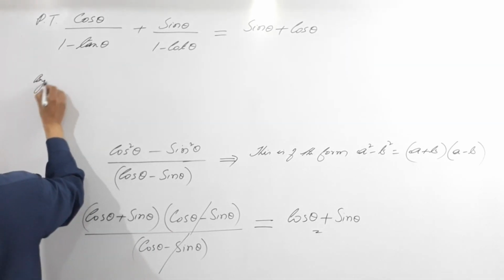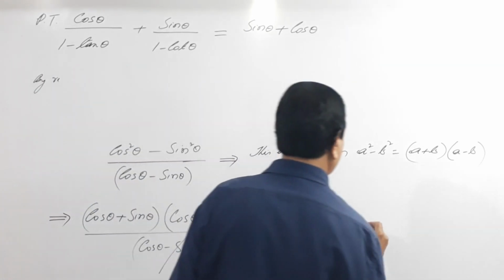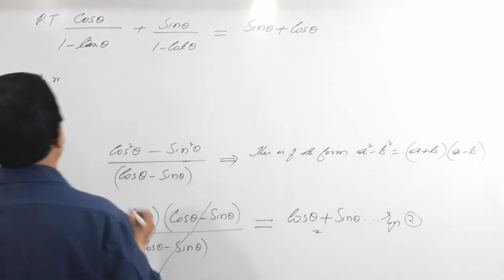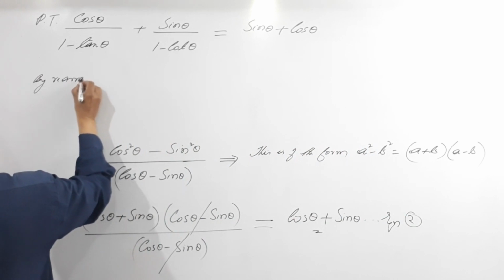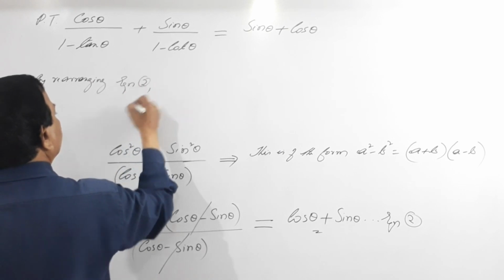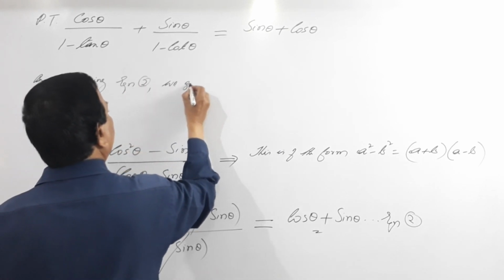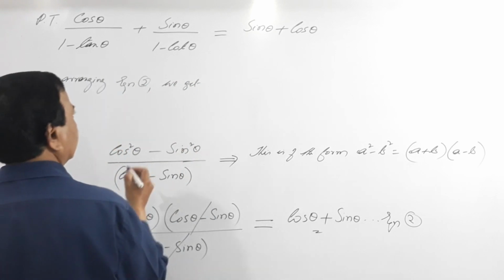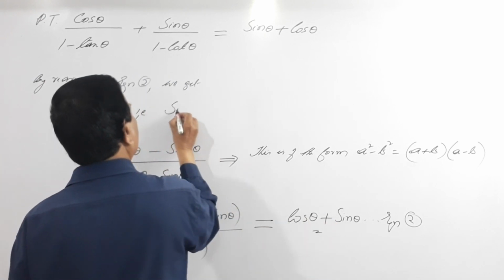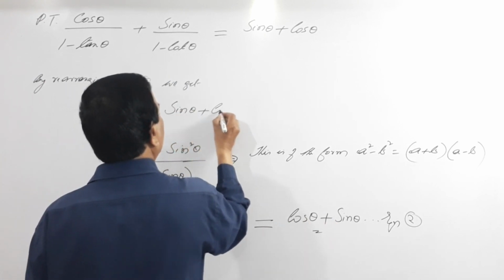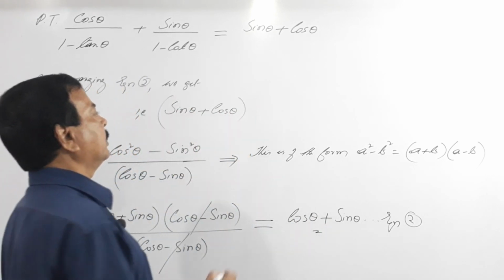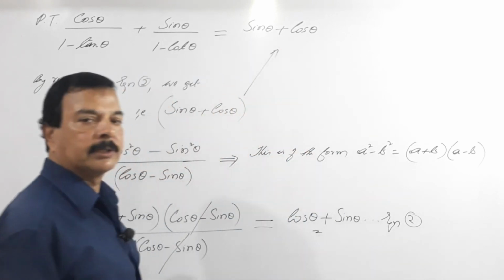By rearranging, I call this equation 1, and equation 2 I'll put here. By rearranging equation 2, we get sin theta plus cos theta, which is nothing but this.